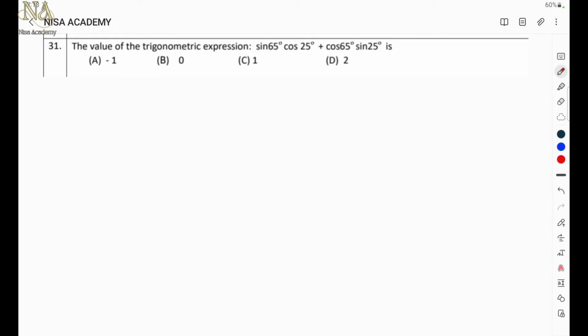Question number 31. The value of the trigonometric expression sine 65 into cos 25 plus cos 65 into sine 25 degree is. So let me write that: sine 65 into cos 25 plus cos 65 into sine 25. Here I will be using the complementary angle.